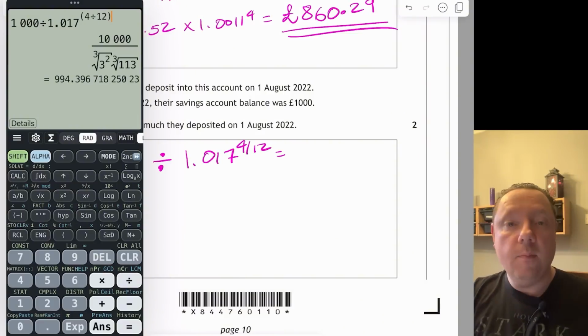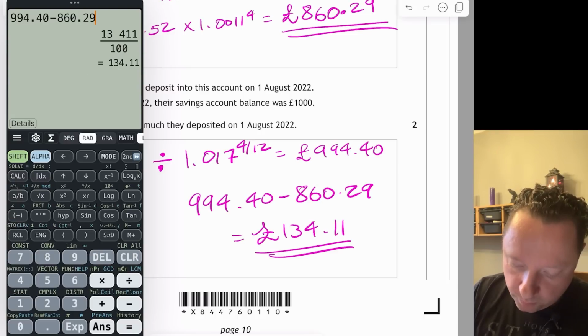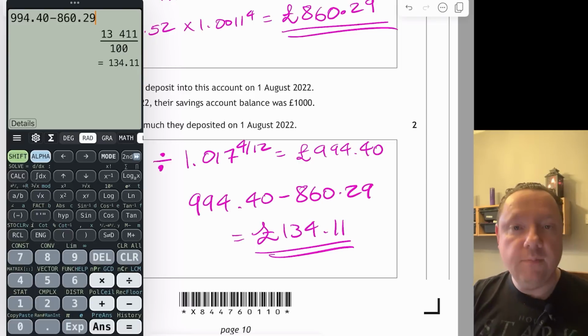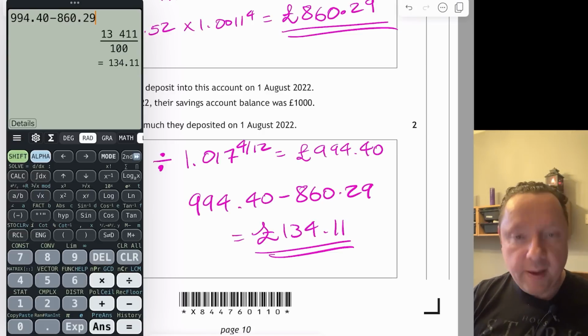So now to work out what she deposited, that's what's in her account, but she already had 860.29, so we take them away. 994.40 minus 860.29 is £134.11. Now the mark scheme for this says 134.10, but that's using the answer from the other method of 860.30. Obviously we got 860.29, so it'll be a penny difference at 134.11, and that is completely fine.